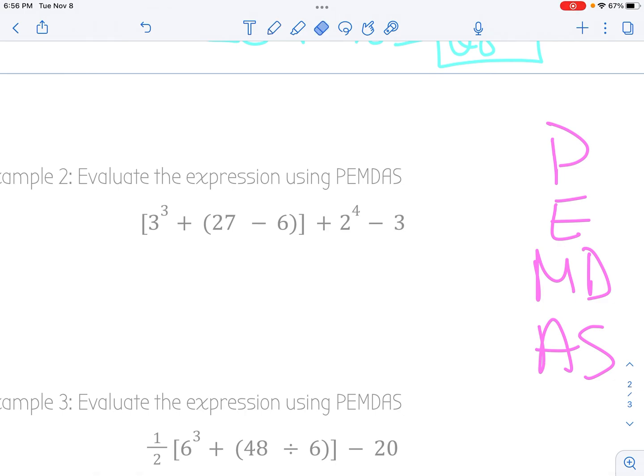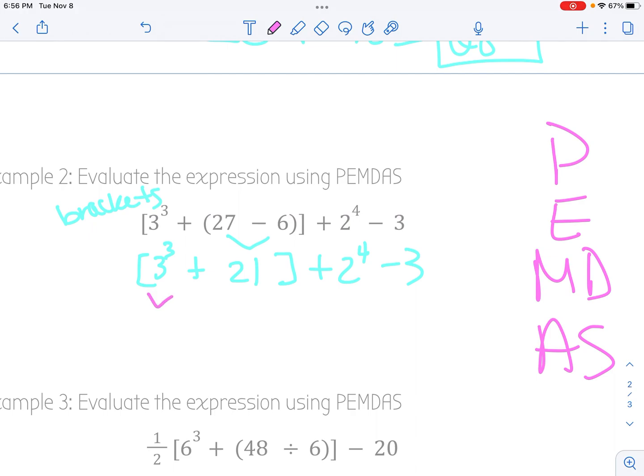All right, next one. Do I have parentheses? I do. I first see parentheses with 27. I see a difference, 27 minus 6. So 27 minus 6 is going to be 21. Again, I'm going to bring everything else down so I don't lose my placing and get confused about what my next steps are. Next, I still have parentheses, because these brackets are also forms of parentheses. In my parentheses, though, I have an exponent.